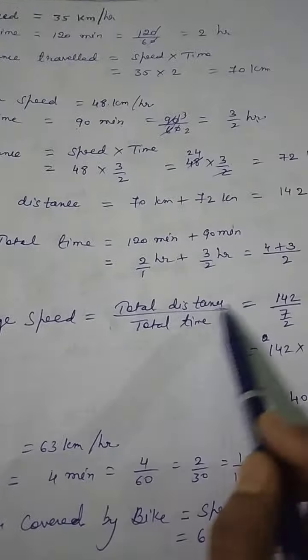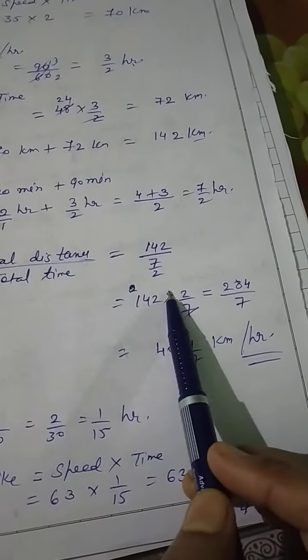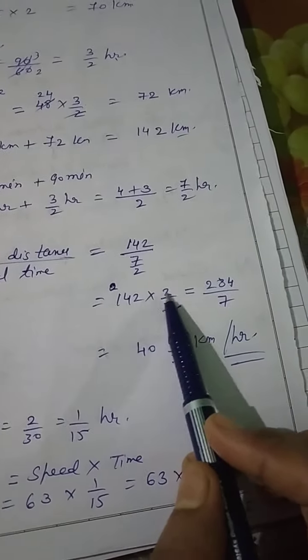We will add these and get 7 by 2 hour. That is, 120 minutes and 90 minutes equal 7 by 2 hour. Now total distance is this, total time we put 7 by 2. Now just write its reciprocal, 142 into 2 by 7, we will get 284 by 7 km per hour as the average speed. Okay, question number 5 we have done.